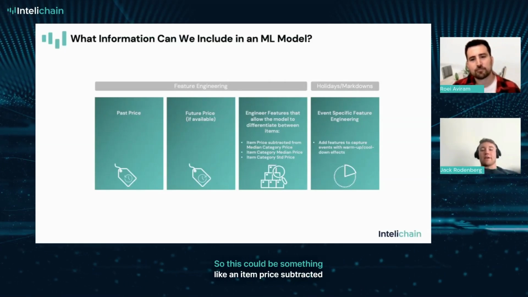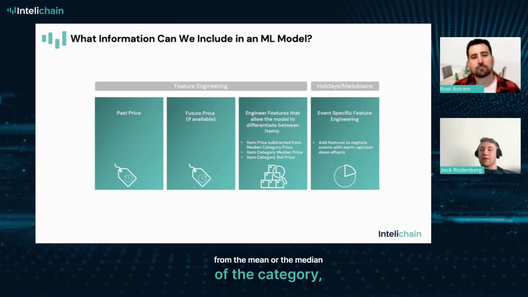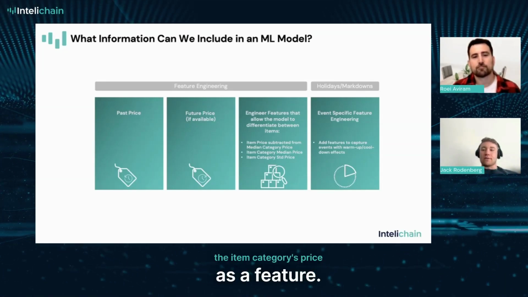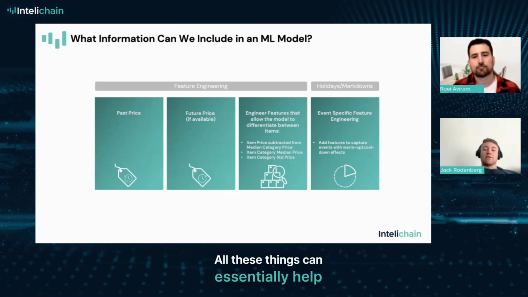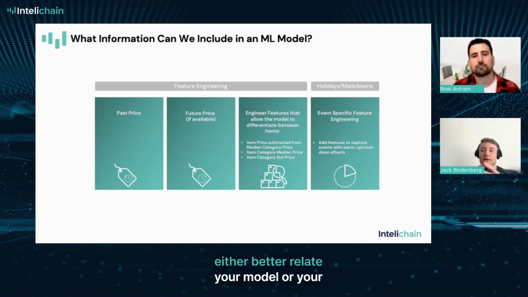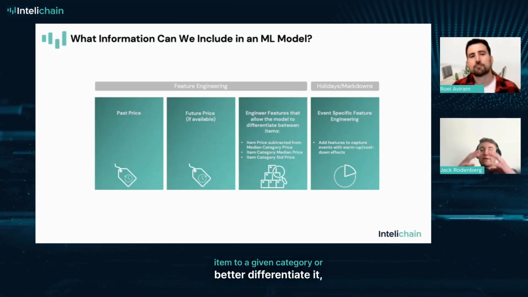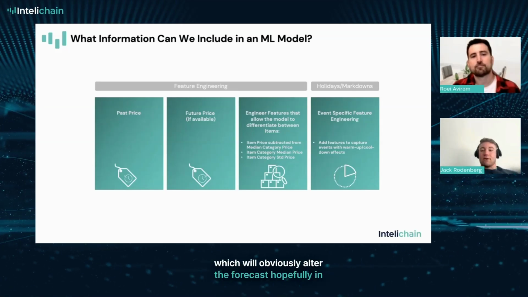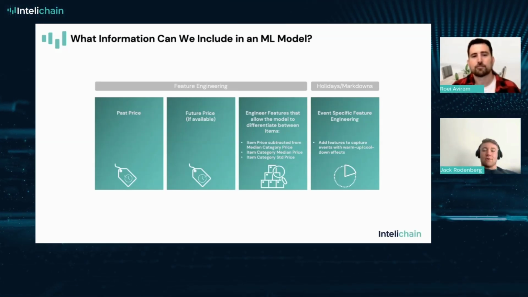This could be something like an item's price subtracted from the mean or the median of the category, or the item category's price as a feature. All these things can help either better relate your item to a given category, or better differentiate it, which will obviously alter the forecast, hopefully in the right direction. That's what we're looking for.